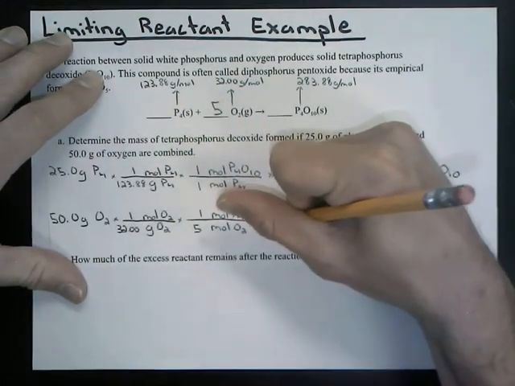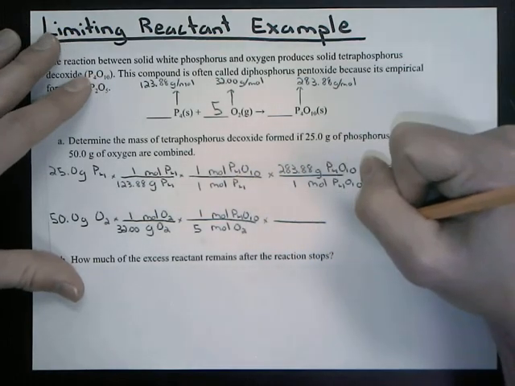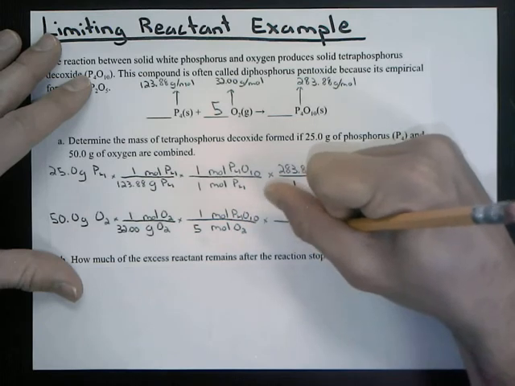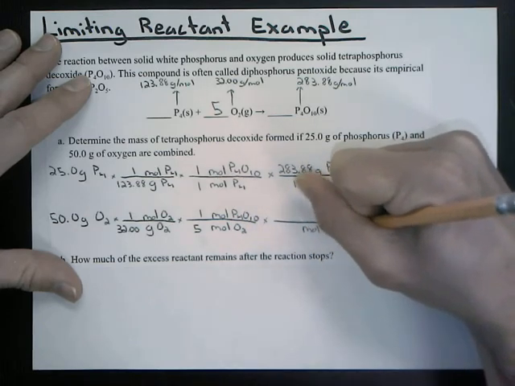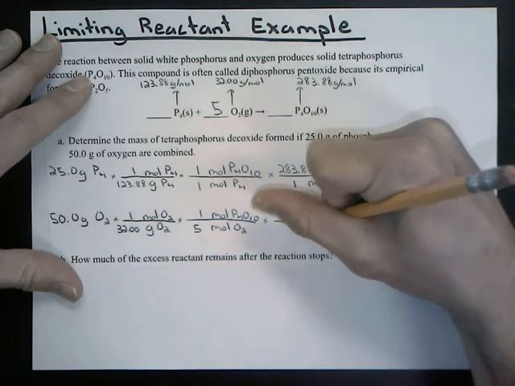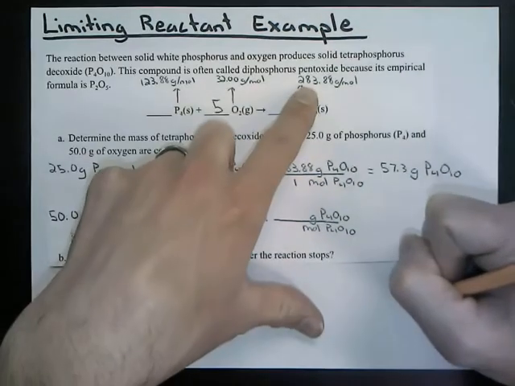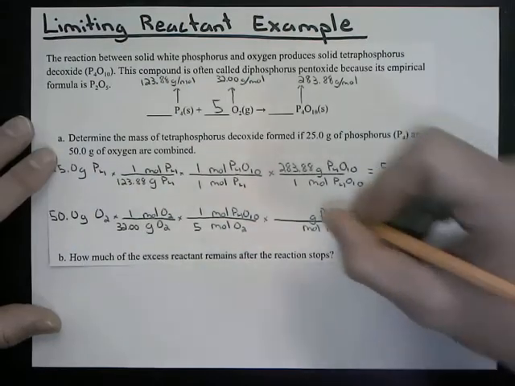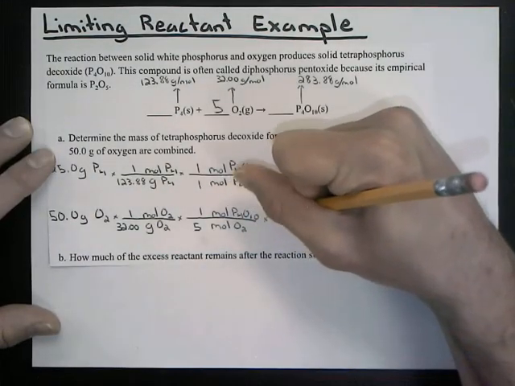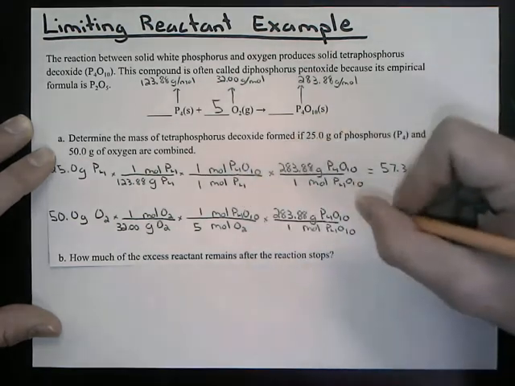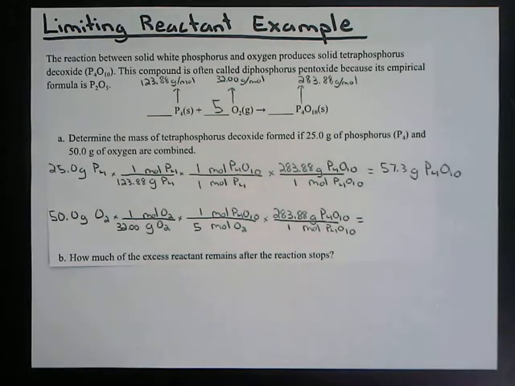And then we have to do one final step. We have to cancel out moles of P4O10 and go to grams of P4O10. We utilize the molar mass, which is 283.88, and so we have 283.88 grams for every 1 mole. Now we can go ahead and calculate it.